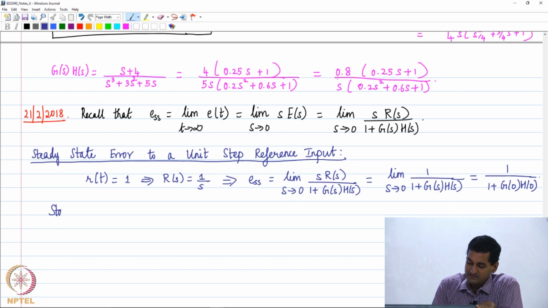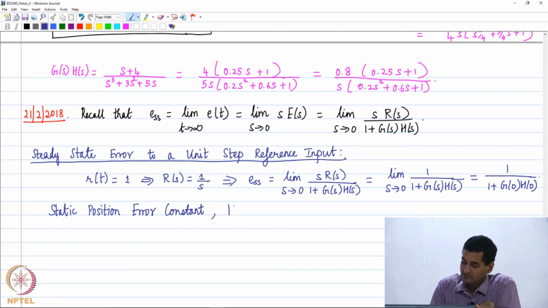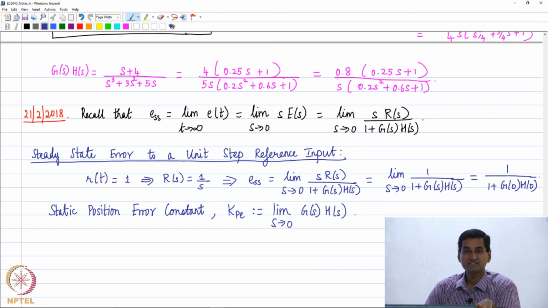So, using this we define what is called a static position error constant, okay, which is denoted by KPE, that is defined as limit s tending to 0 G of s H of s, okay. So, that is a definition, that is a parameter.